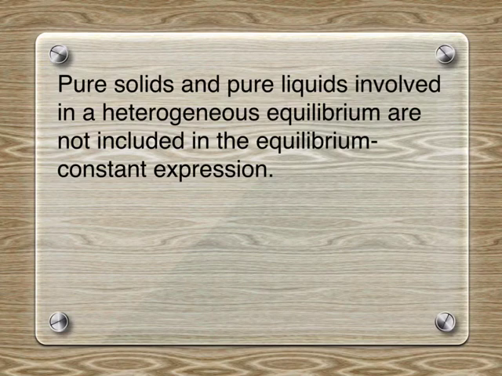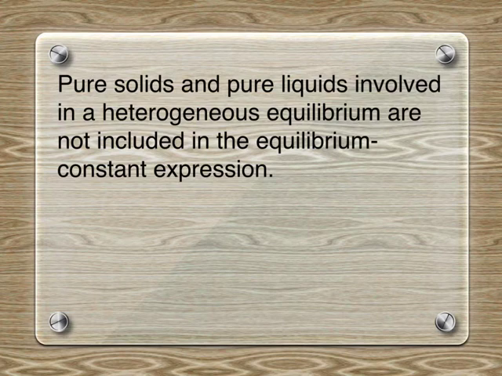Solids and pure liquids involved in heterogeneous equilibrium wouldn't be included in the equilibrium constant expression. The reason for this is that the concentration of a pure solid or a liquid has a constant value. If the mass of the solid, for example, were doubled, its volume would also double.